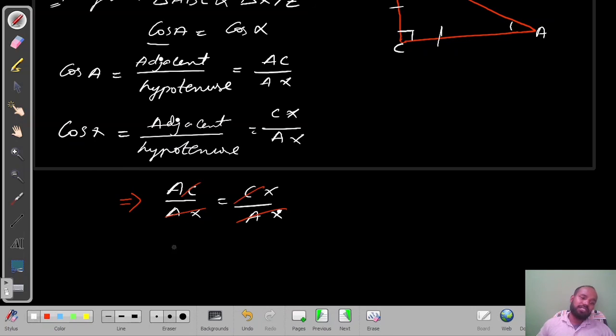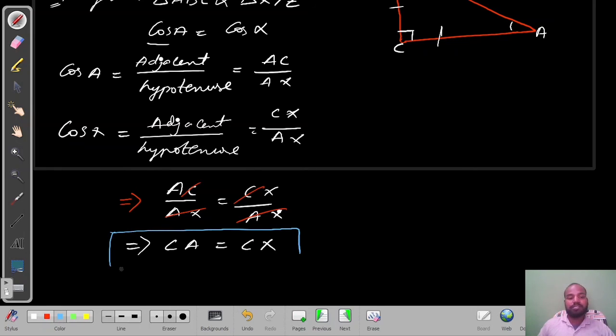Then what is left here? Angle A equals angle X. He asked me to prove this, so I have clearly proven it here. It is proved, right?